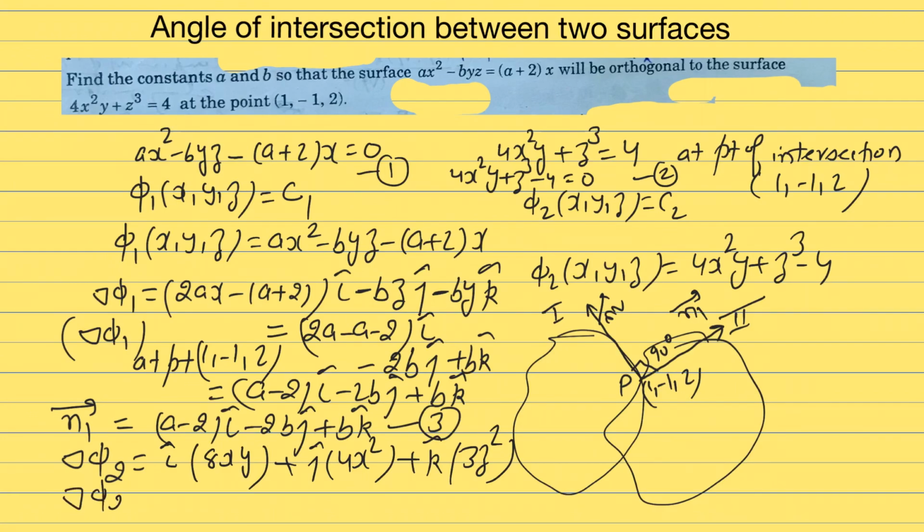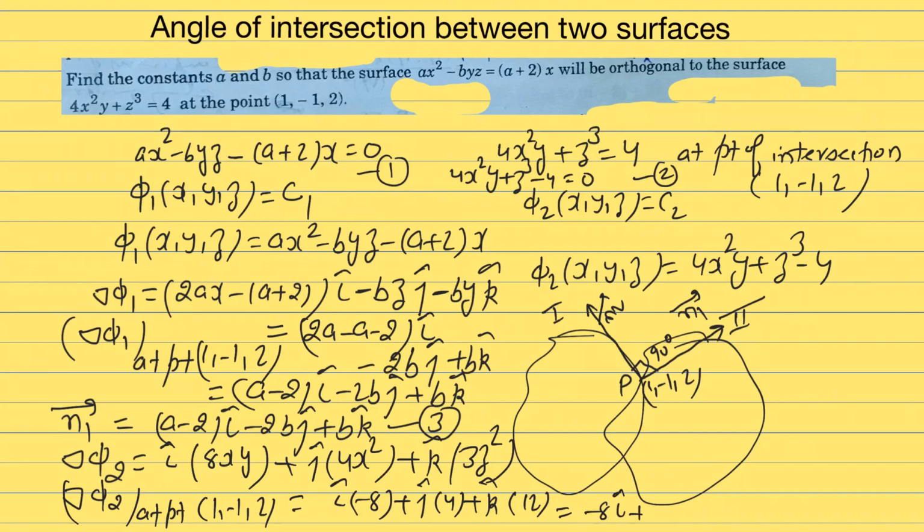Del phi 2 at the point 1, minus 1, 2 is equal to i cap times minus 8, plus 4 j cap, plus k cap 3 into 4, which is 12. So this is equal to minus 8 i cap plus 4 j cap plus 12 k cap, and name it as equation number 4.